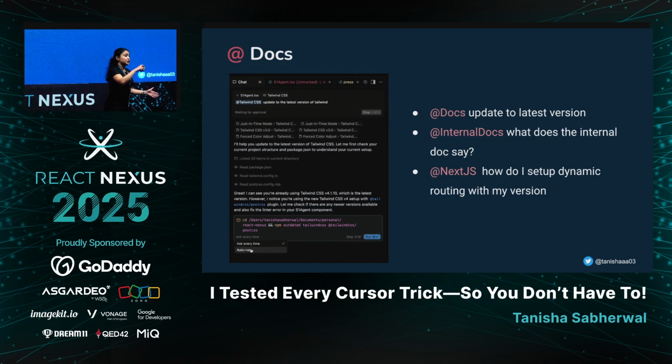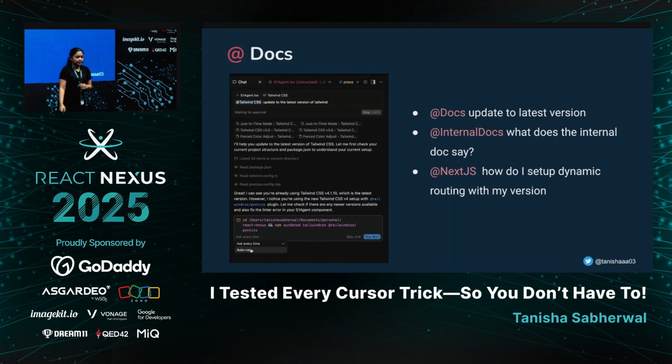It will figure out the version that you have, the version you've asked it to upgrade to, do all the configuration things, and it works like a charm. @internal docs, if you have any internal docs that are not already there, you can attach a newer doc to it as well. You can also ask questions on how do I set XYZ feature on this particular version of the library, and it will suggest all you want from the context of your code.